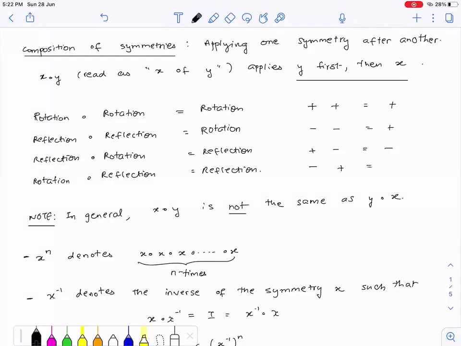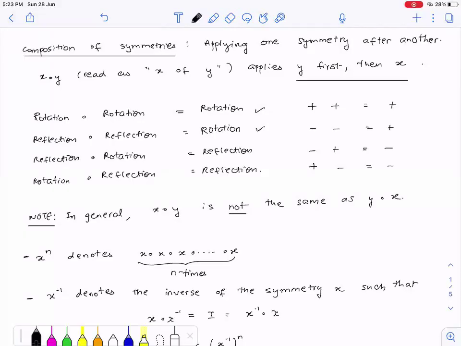So if you have a composition of two rotations, then the resulting transformation is also a rotation. Similarly, if you have two reflections and you compose them, in other words, if you reflect a figure about an axis and then reflect the resulting figure about another axis, then also you get a rotation transformation.